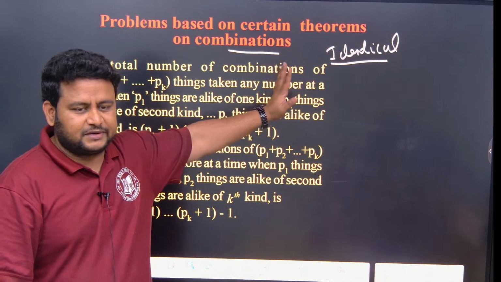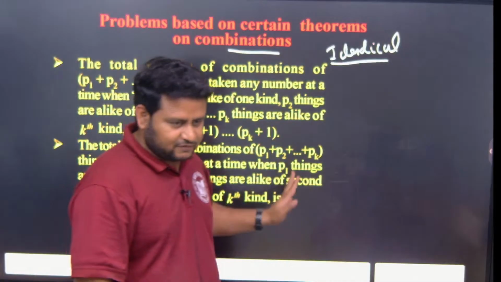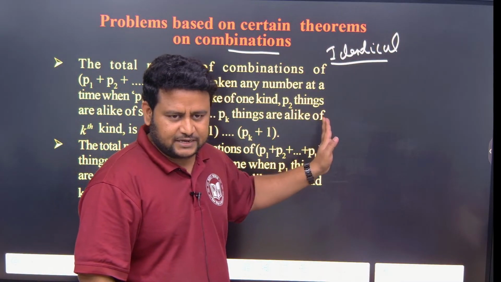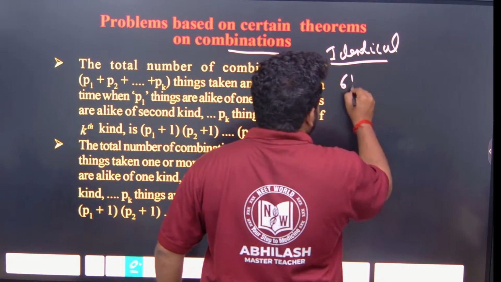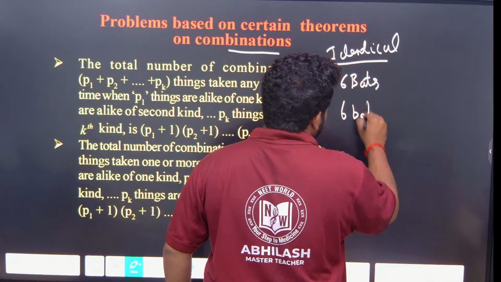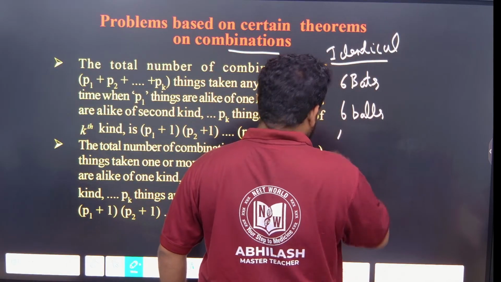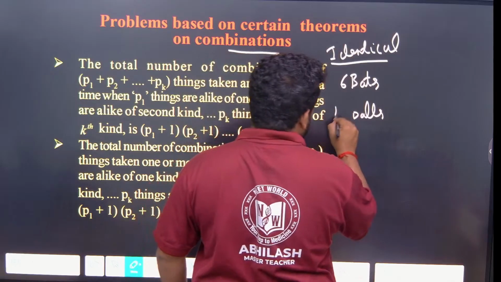So how to remember this? How to learn the concept? Forget about all these things. It is given for theory. What I will tell is that you make a note and you have to remember. Suppose there are 6 bats, or let me take it as 10 balls.